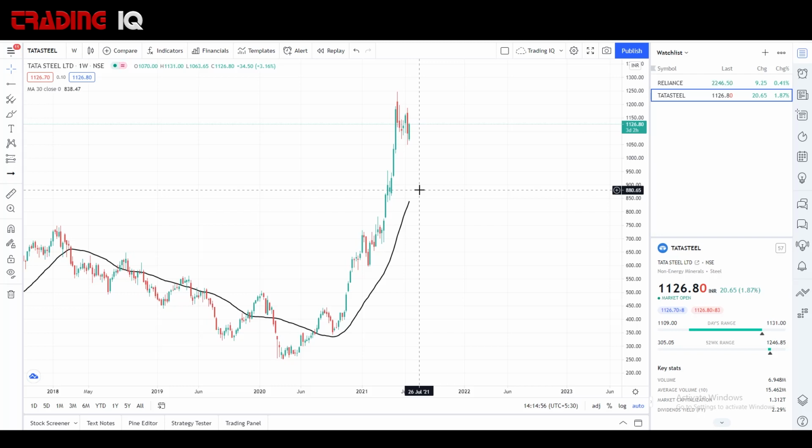So if the prices are above this 30-week moving average on a weekly candle, on a weekly time frame, you can consider buying. Not this stock, because we haven't come to a conclusion whether we can buy just by looking at a moving average. No, you cannot simply buy based on one single indicator.